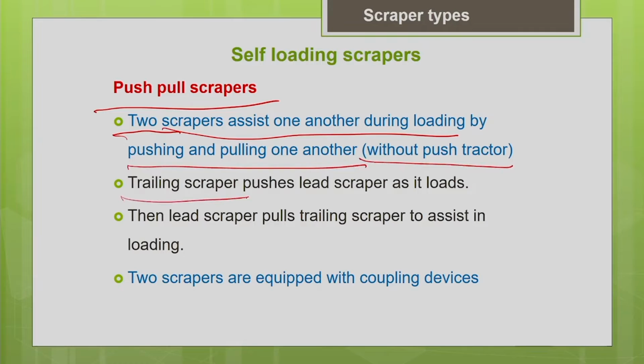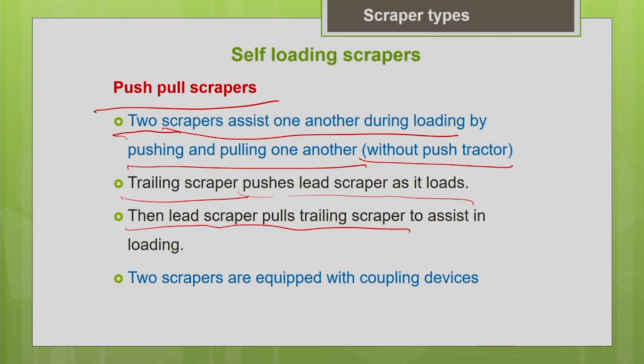The trailing scraper, at the rear end, pushes the lead scraper as it loads. Then the lead scraper pulls the trailing scraper when the trailing scraper is loading. That is how they help each other, so that the productivity of the scraper can be enhanced.